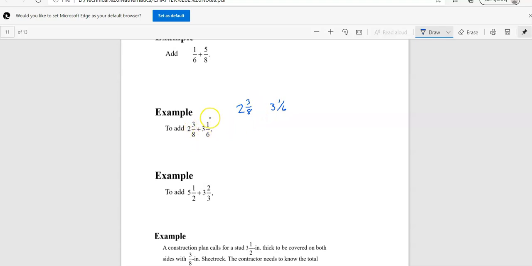We could line them up like we did before, but we're having to change it, so I'm going to do it all in one step. So to get an improper fraction, you're going to say 8 times 2 plus 3. Okay, 16 plus 3 is 19 over 8. Okay, 6 times 3 plus 1 is going to be 19 over 6 this time because we had 6 on the bottom.